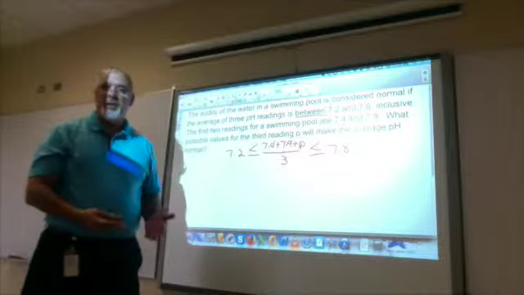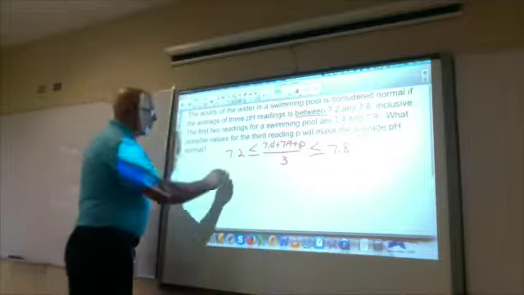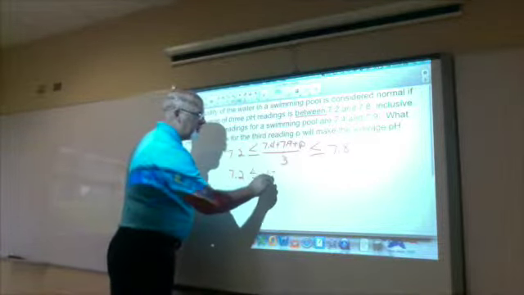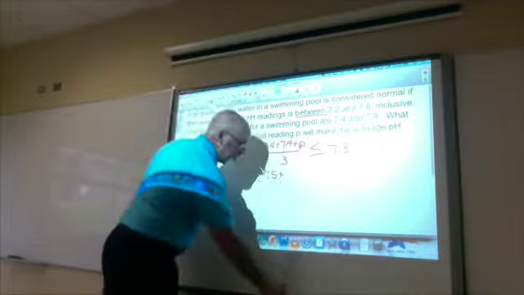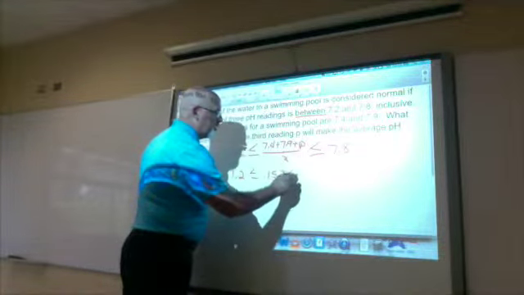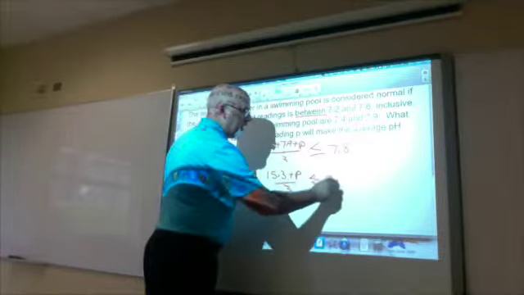And so now we've written our inequality just by reading what we've had up here. So we go 7.2 is less than or equal to 15.3 plus P over 3 is less than or equal to 7.8.